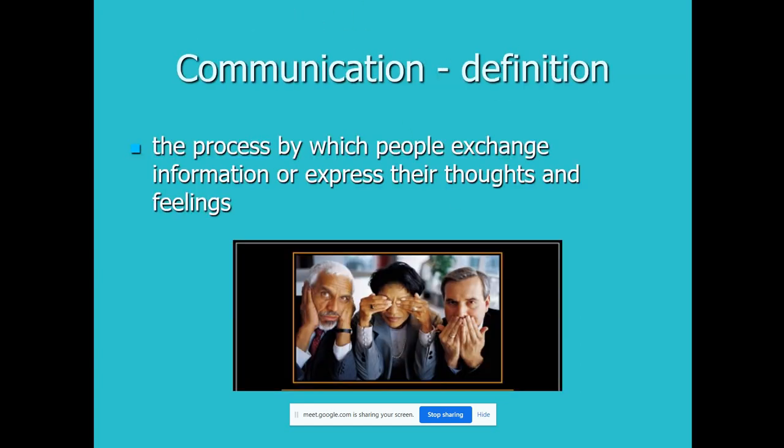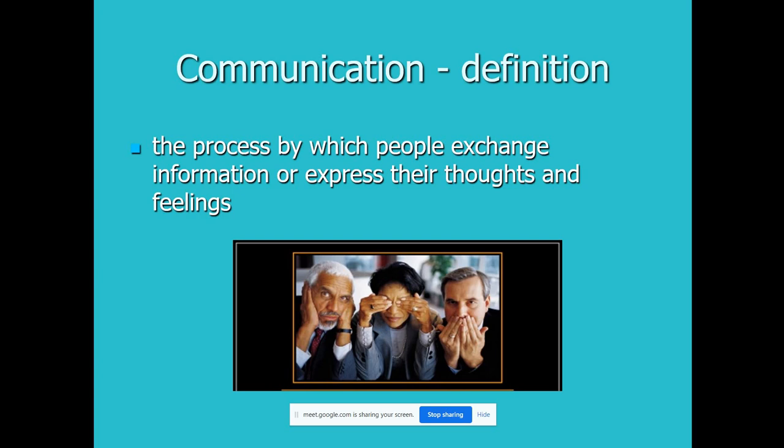In the figure you can see three monkeys, the three types of expression given by Mahatma Gandhi. Do you remember? Here you can see nobody is speaking anything.